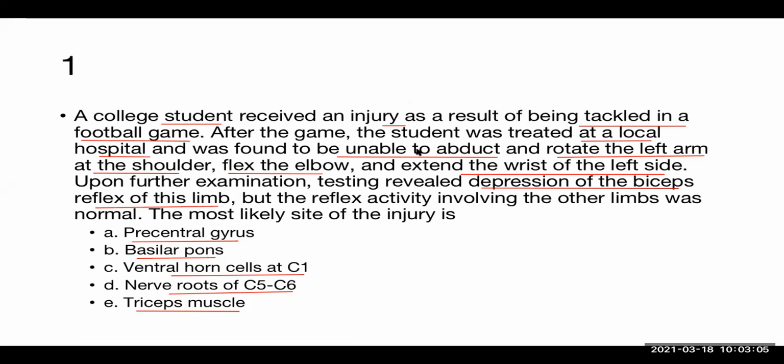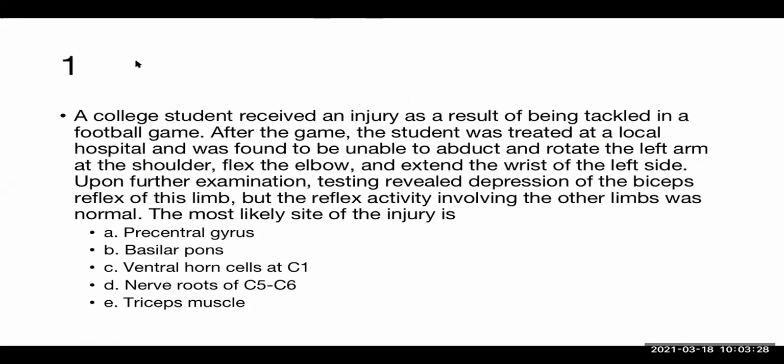So this is a very straightforward case. Basilar pons, again, upper motor neuron features would be there. Ventral horn cells at C1 do not form a part of the brachial plexus at all. And triceps muscle, there is nothing wrong with the triceps here.